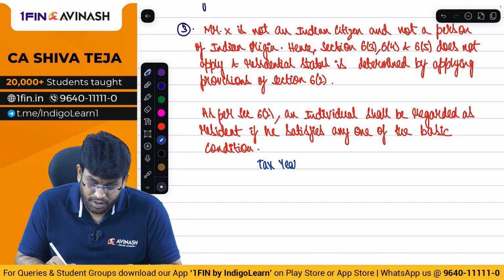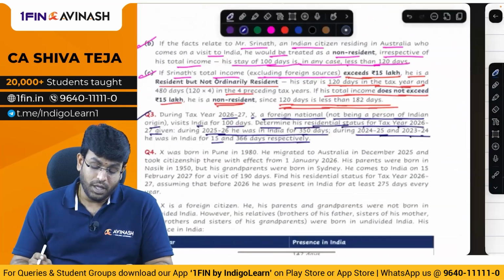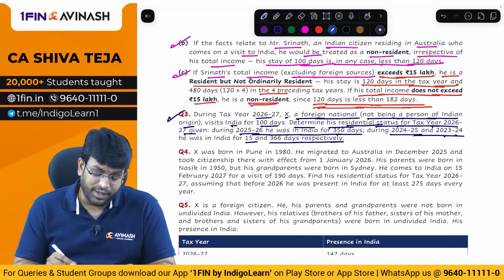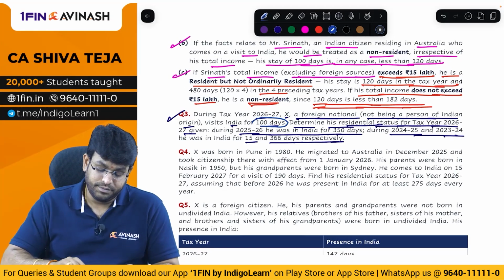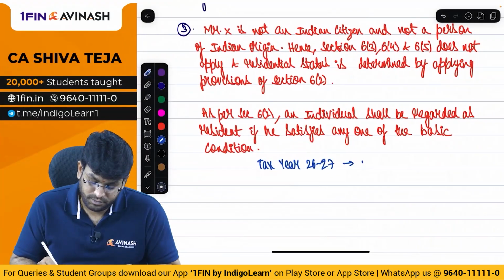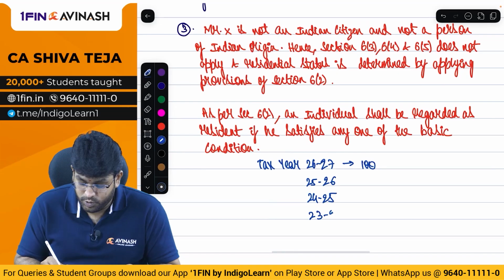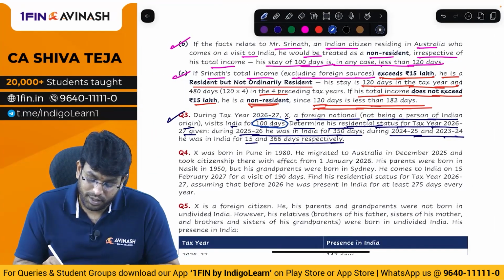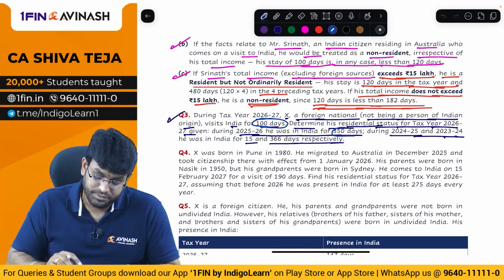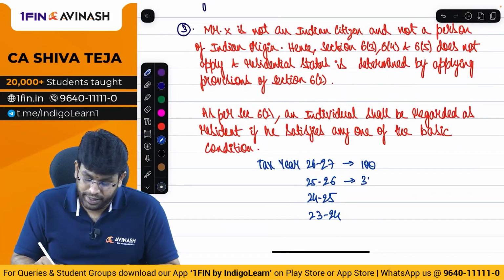In tax year 26-27, how many days is he in India? 100 days. For 25-26, 24-25, 23-24, that data is also available. 25-26, he is there for 350 days.